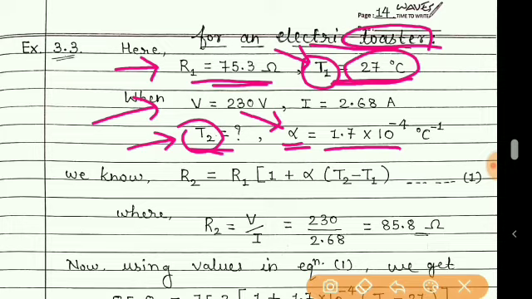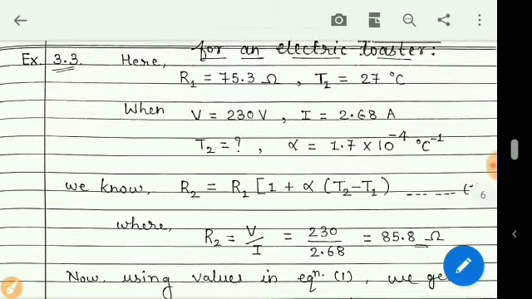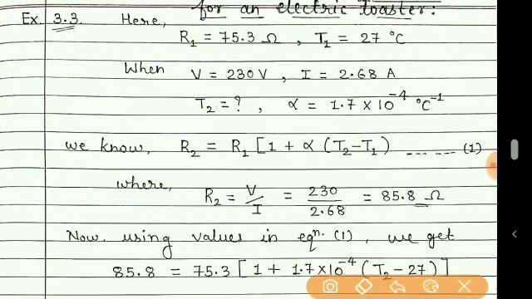Now we know that this is the case of temperature dependence of resistance. So we will simply use this formula: R2 is equal to R1 times 1 plus alpha into T2 minus T1. When the resistance is R2, the temperature is T2. When the resistance is R1, the temperature is T1. So students, which things are given?